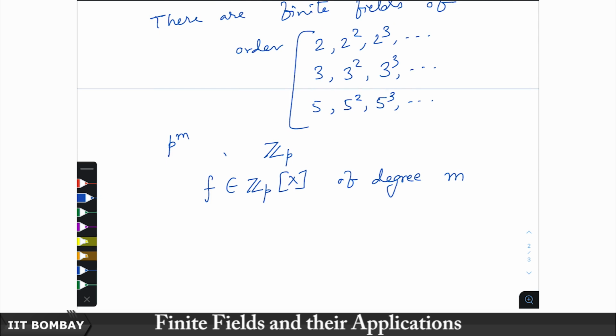And then what we know is that we can then take the polynomials modulo f, and that will give us a field of order p power m exactly.